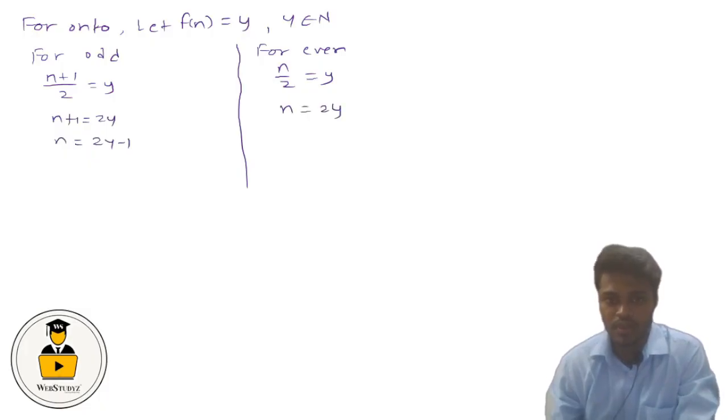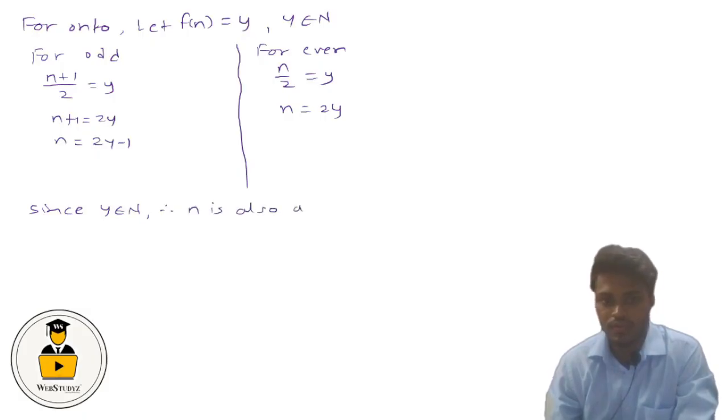Now we can see that since y belongs to N, that means y is a natural number. So therefore, we can say that n is also a natural number.